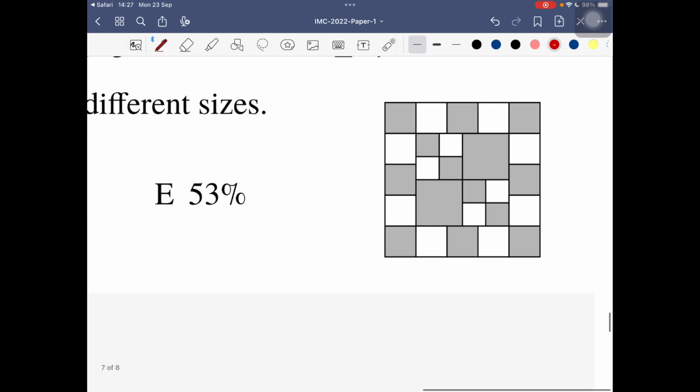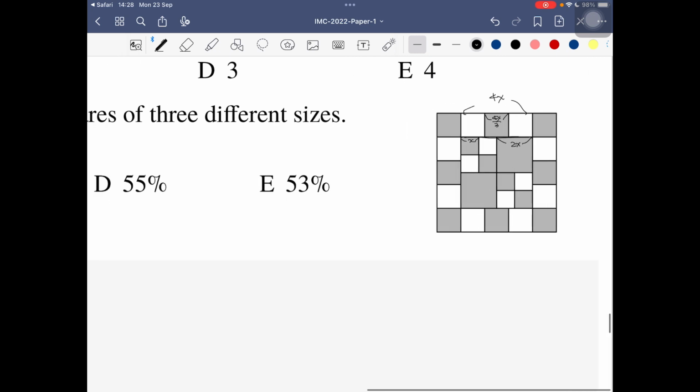For example, if we set one side here as x, then this could be 2x. And all here, from here to here, 4x, and we divide by 3, so this is 4x over 3. Now we can calculate the whole area. X squared, we have 4.